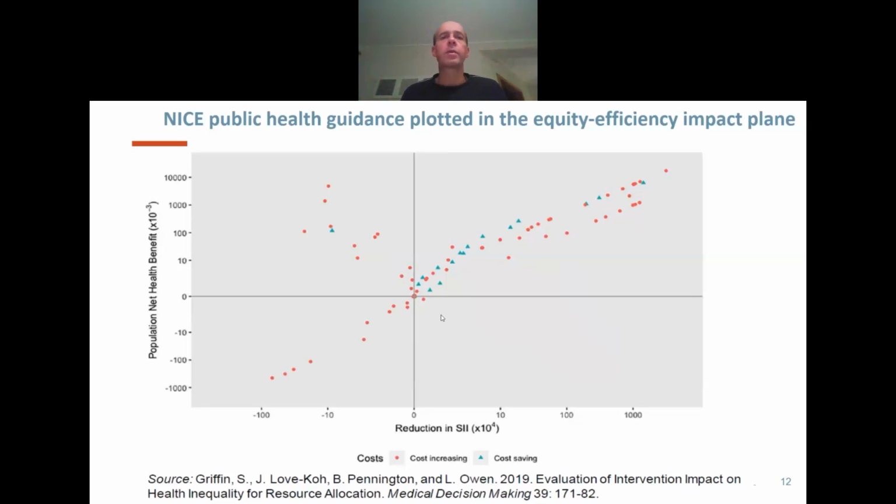Take it as a measure of equity impact, and we have the population net health benefit on the y-axis. Surprisingly, here we see that most of the interventions recommended are in the win-win area, really. So they're improving equity, and they're cost-effective, which is interesting, perhaps surprising.